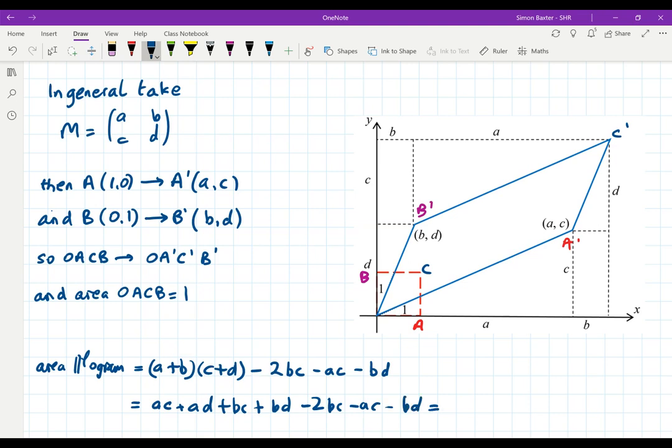And if you look there, AC disappears with AC, BD disappears with BD, and then I have BC minus 2BC, that's minus BC. So we have AD minus BC, and that is just the determinant of M, which is the result that we wanted to find. That the area scale factor of a transformation with matrix M is the determinant of the matrix M.